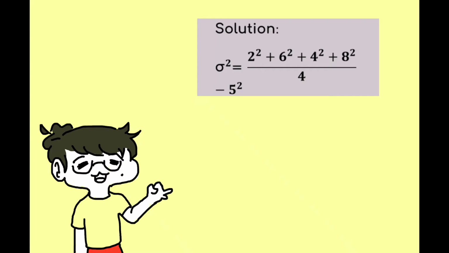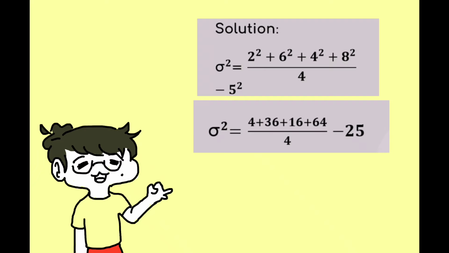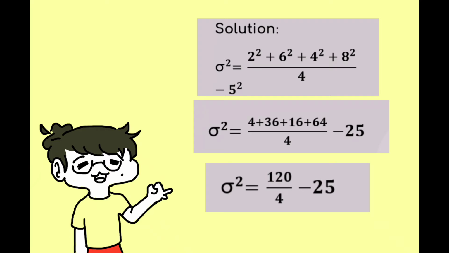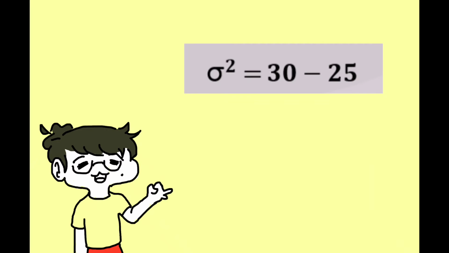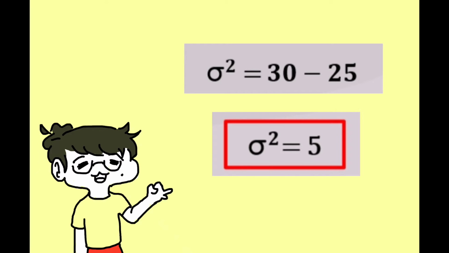Then minus all of that to 5 squared. We square all the numbers on the dividend. We also squared the 5, so it turns to 4 plus 36 plus 16 plus 64 over 4 minus 25. Now we add the ones in the dividend and it gives us 120. Then let's divide 120 to 4 and it gives us 30. 30 minus 25 is 5. Now we have the population variance, which is 5.